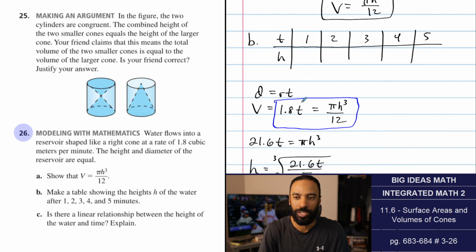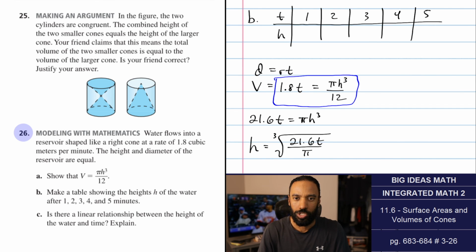So t and h, let's go back to that calculator. So back to the calculator we go, and we are going to be doing a brand new equation. So instead of this one, we'll do the cube root. The cube root of 21.6 times time, I'll have to use x here, divided by pi. So now when I plug those things in, I get these numbers here.